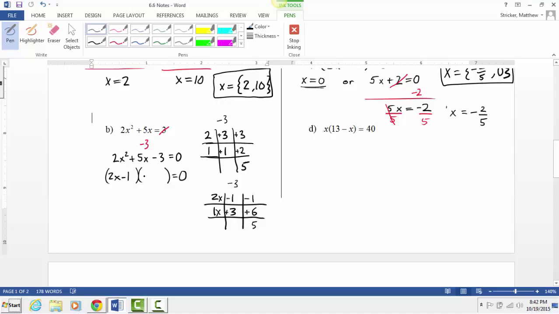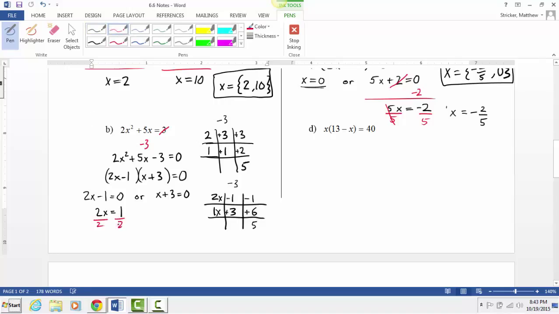2x minus 1 and x plus 3, and now we set both parts equal to 0. 2x minus 1 has to equal 0, or x plus 3 has to equal 0. If I move that 1 to the other side, it becomes a plus 1, so this is 2x equals positive 1.